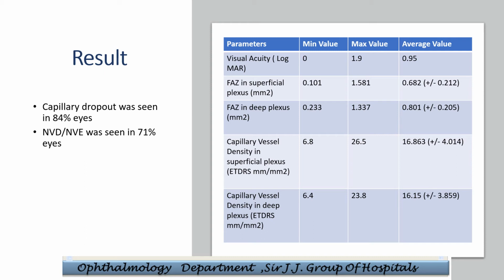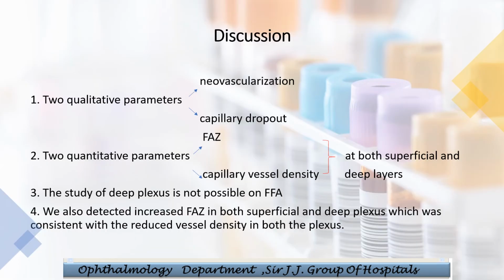The capillary vessel density in the superficial plexus ranged from 6.8 to 26.5 with an average value of 16.863, and in the deep plexus it ranged from 6.4 to 23.8 with an average value of 16.15.